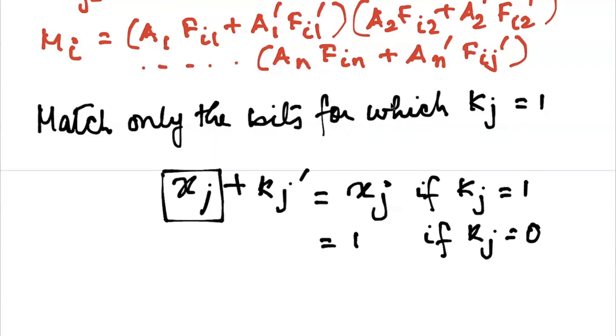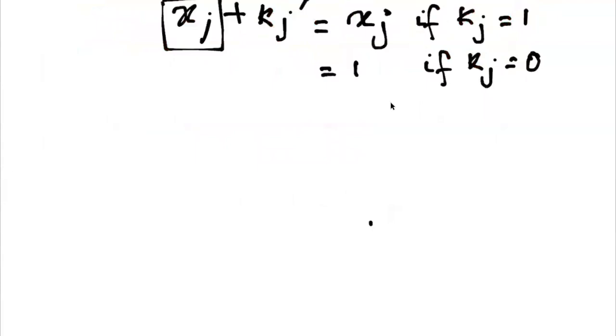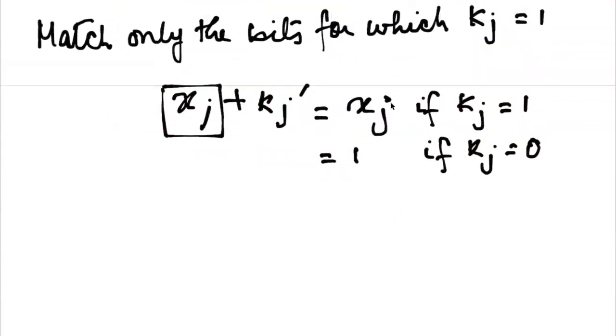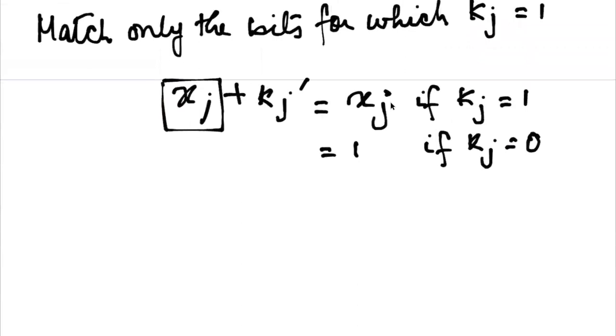Xj will tell me if the corresponding bits are matching, if the jth bit is matching. Then if we take into consideration kj dash, the kj dash here would give me xj if the bit is 1. So if the key register bit is 1, then I'm going to match. That's why I get an output of xj. And if kj is equal to 0, if the corresponding bit of the key register is equal to 0, then it does not matter whether it is a 0 or a 1.